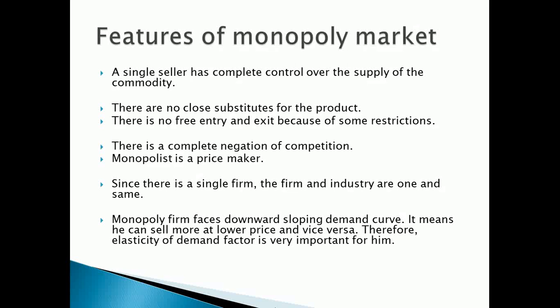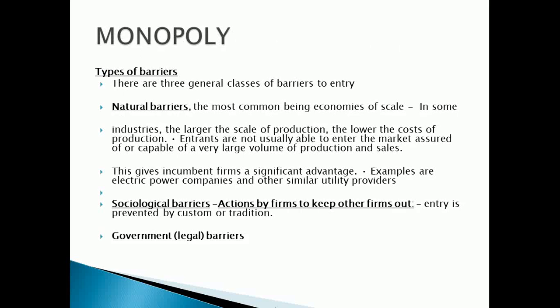A monopoly firm that charges the same price to all customers will face an average revenue curve, which is the same thing as the demand curve, as we have mentioned before. Therefore, a profit-maximizing firm, such as a monopoly firm, will produce where MR equals MC.